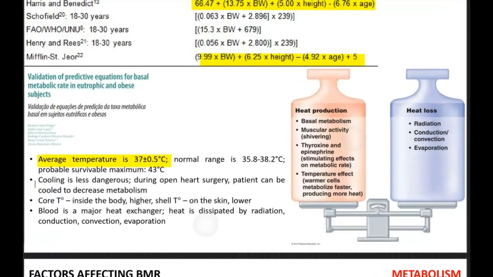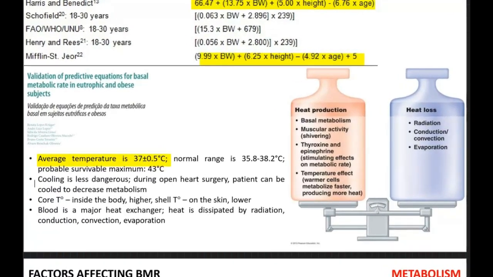Now, what about survivability? The temperature range survivability. This is an example of how robust the human body is. The normal ranges for pretty much all physiological parameters are pretty narrow.